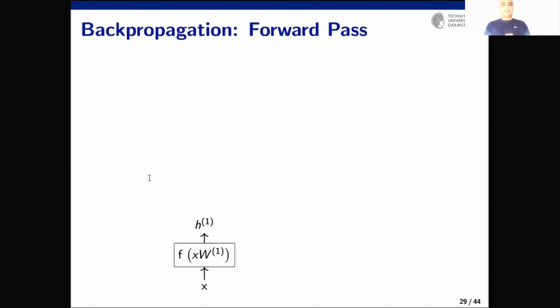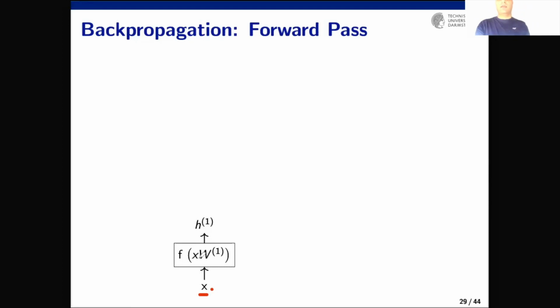Okay, so we start from x as input. Let me use my pen to do some annotation. We start with x as input, and then we give x to the first layer of our network.